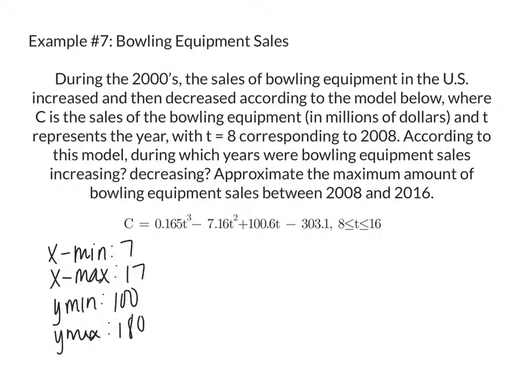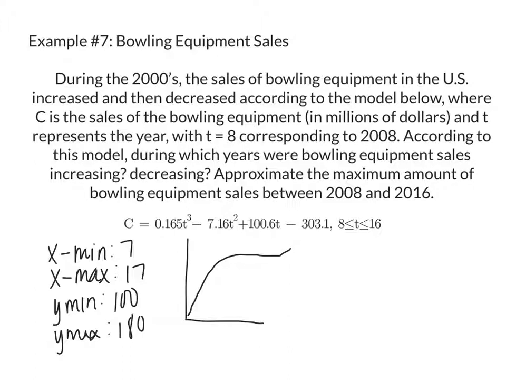So if you go to your window and change those values, 7 for x min, 17 for x max, 100 for y min, and 180 for y max, and graph that, then we'll see this nice pretty parabola, or something like a parabola. And what it looks like is something that kind of goes like this.